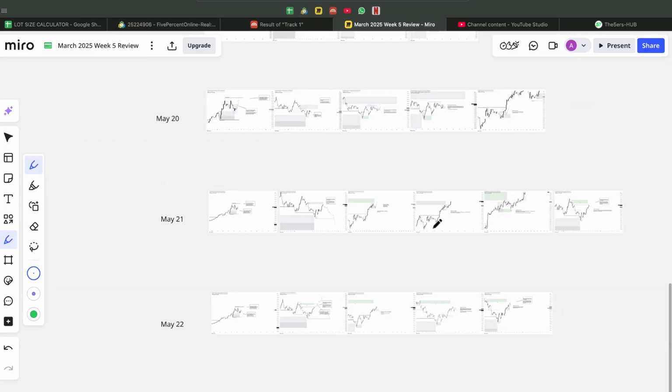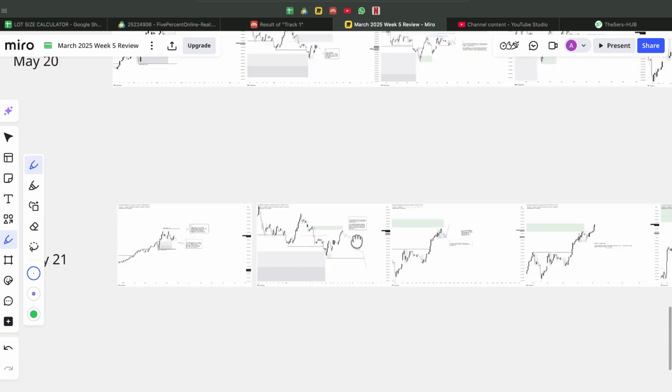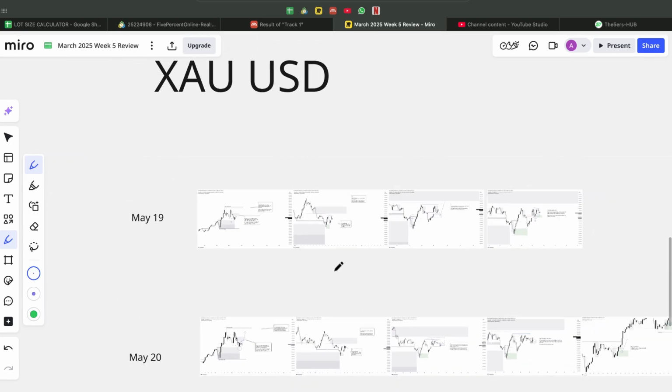So suppose you are entering using H1 confirmation, then you would have got the trade, and that would have been a profit for you from the gold. But for me, that's not in the rules, so I didn't take the trade. So cool. Nothing from here on gold.